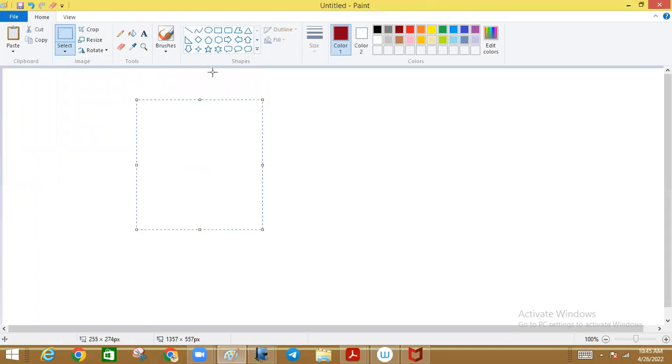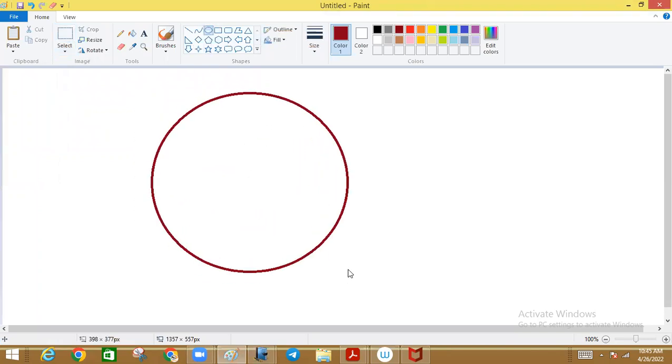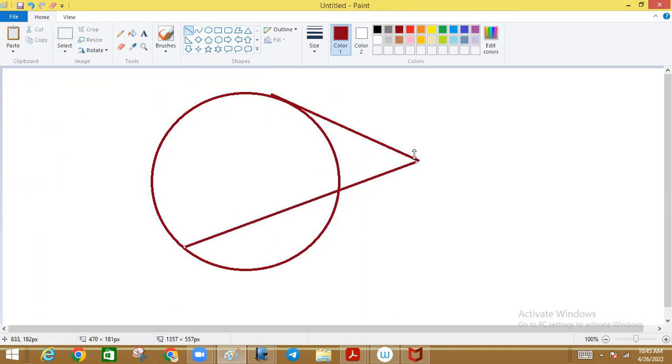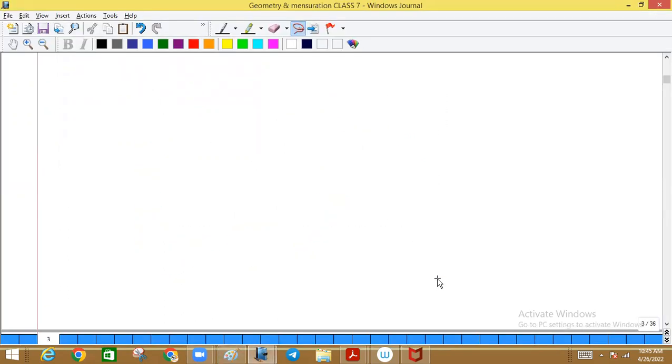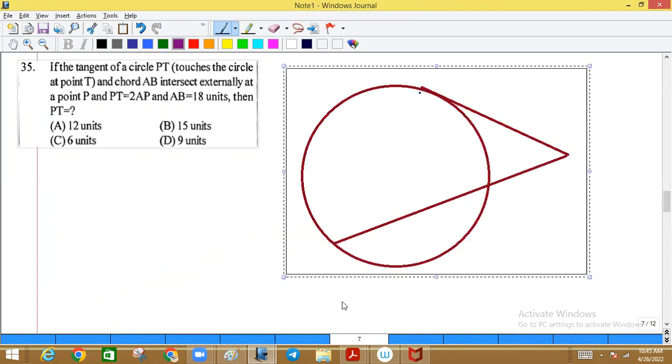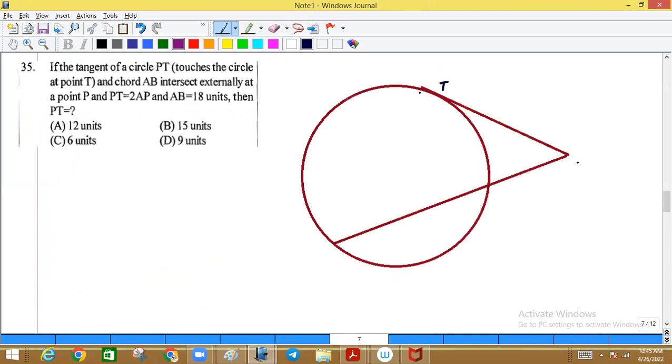Take a chord and a tangent. This is the tangent. This is a chord. You tell me, this one is T and this one is P.